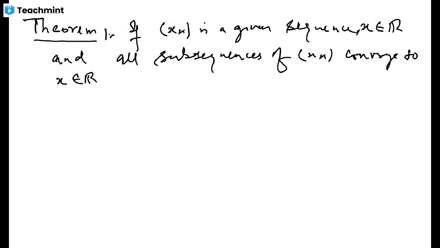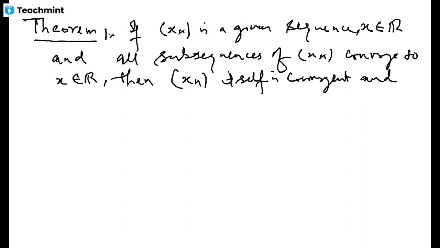Then the sequence xn itself is convergent and converges to x. So this is the converse of this.